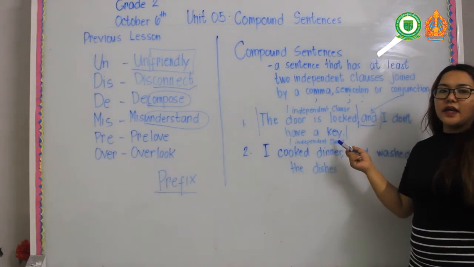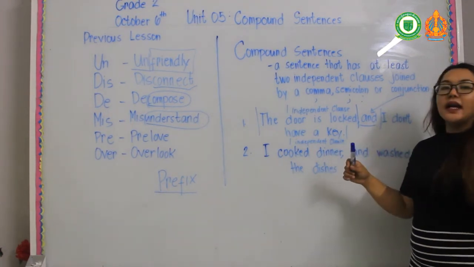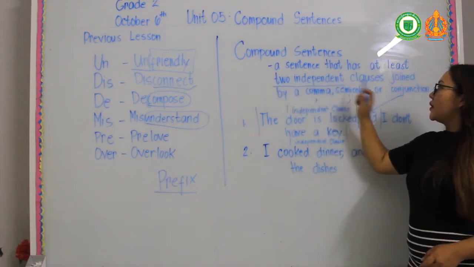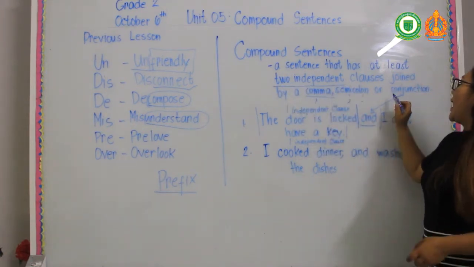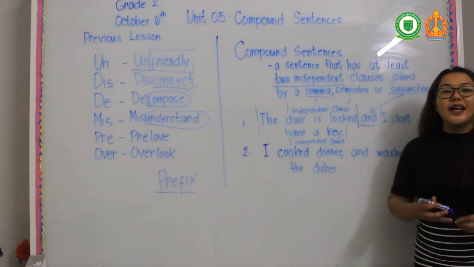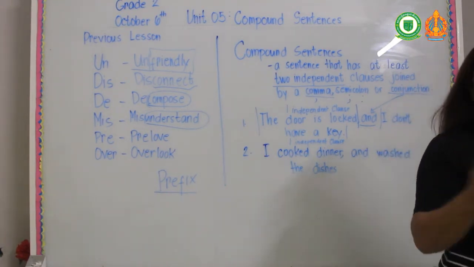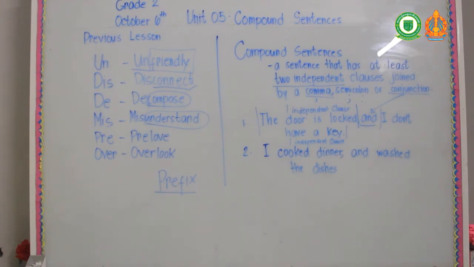That is another independent clause. So we were able to complete two independent clauses. We have a comma and we have a conjunction. So this is a perfect example of a compound sentence. Alright? Okay, one more.